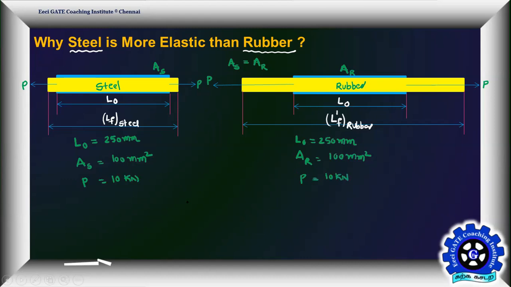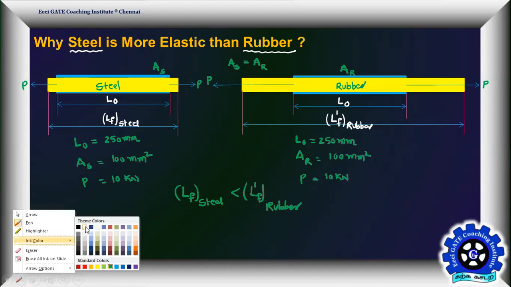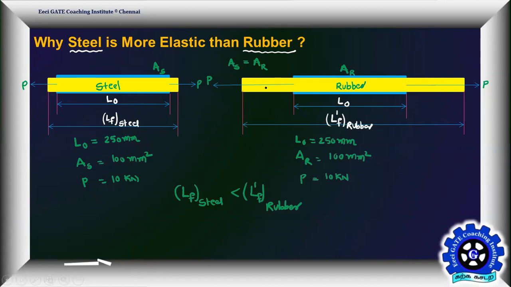Here, can you observe it? L final in the steel will be less than the L final of the rubber. Is it correct or not? Just take a feel. Both are the same specimens. Rubber will deform more. More deformation will be observed in the rubber.